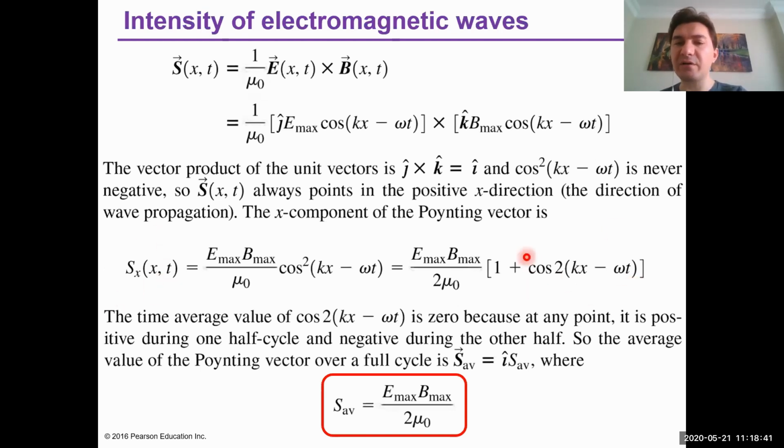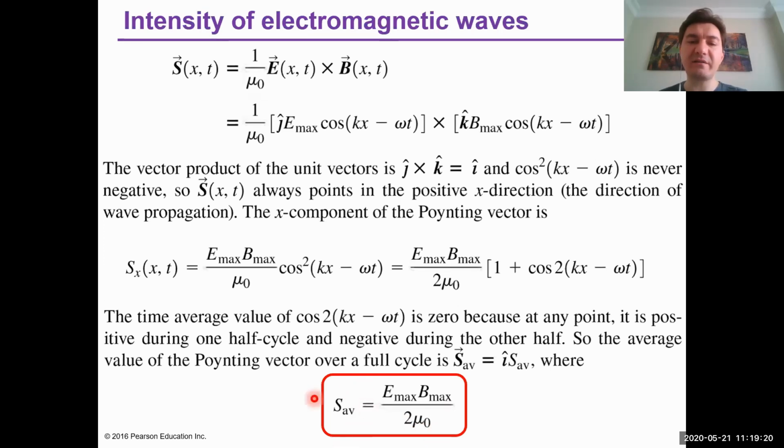The average of cosine function or sine function is always 0. They are oscillating around 0. So this will give us 0 when calculating the average value of the Poynting vector. Then we will have only the contribution from this one. So the average value of the Poynting vector is E max times B max over 2 mu 0.